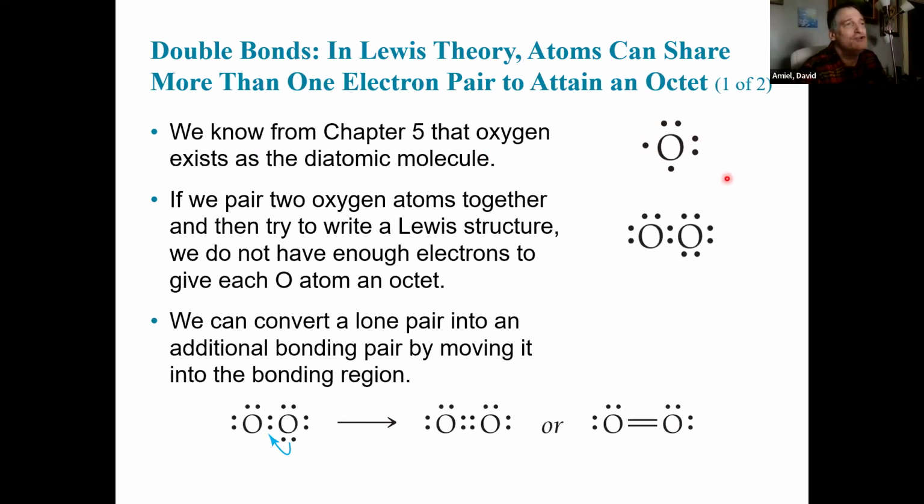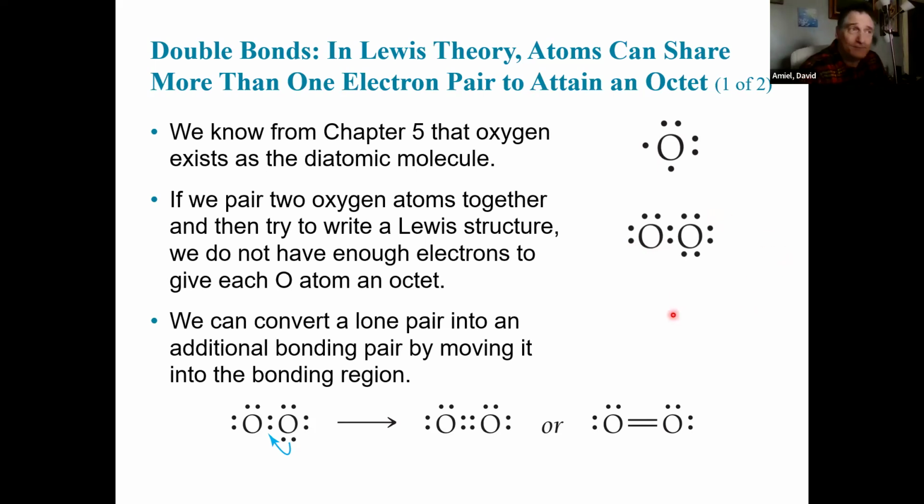When we take the two oxygens together, if we only make one shared bond, that's what's shown here, we get 2, 4, 6, and then the other oxygen atom has 2, 4, 6, 8. That doesn't work because the first oxygen doesn't have 8 around it. This is the wrong Lewis structure.